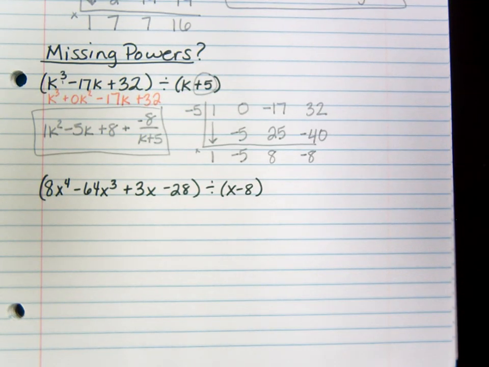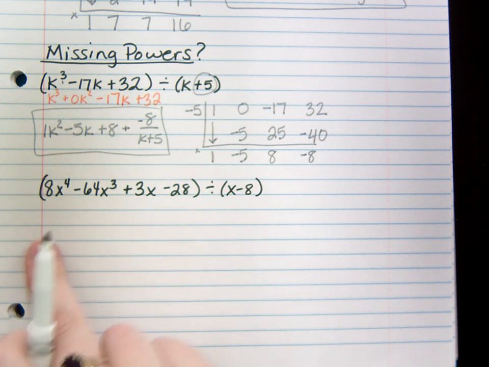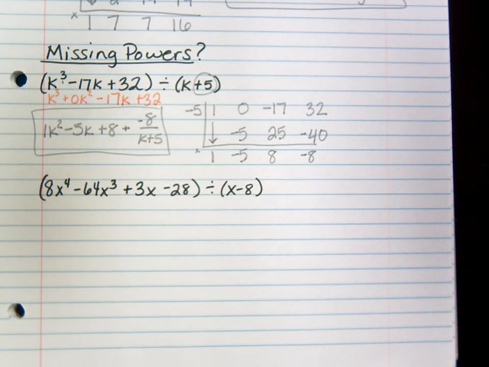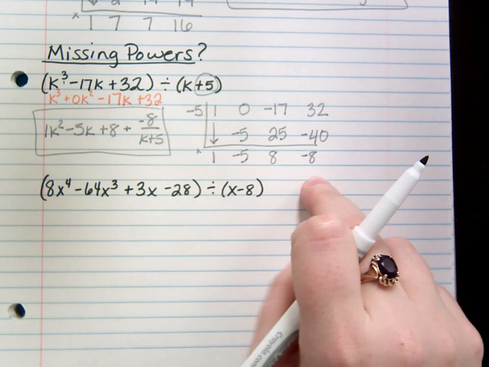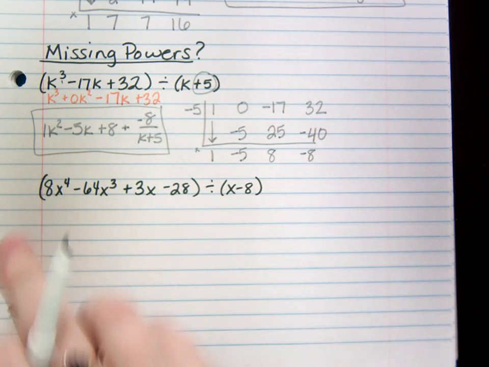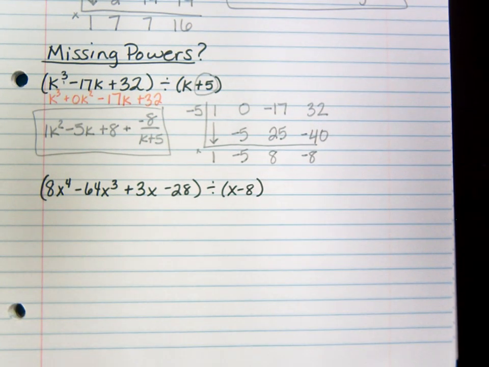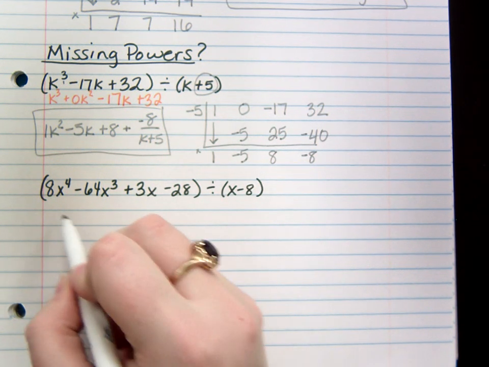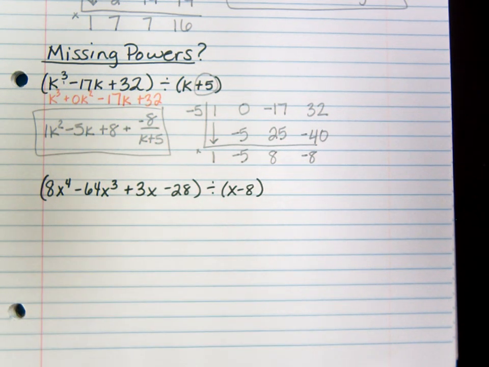Okay. Now, let's see. Here's another thing. Sometimes you might get zeros down here when you do synthetic division. This one's going to end up like that. Now, if you don't want to rewrite it, you don't have to. You just do have to be careful about making sure you don't skip any powers.